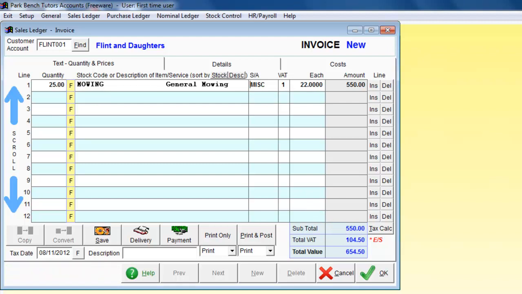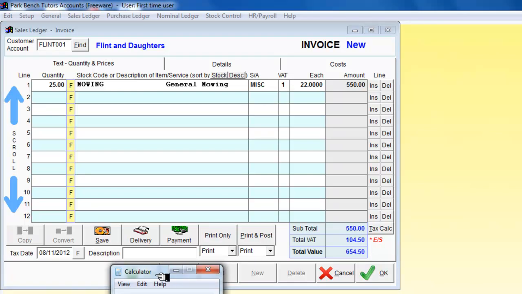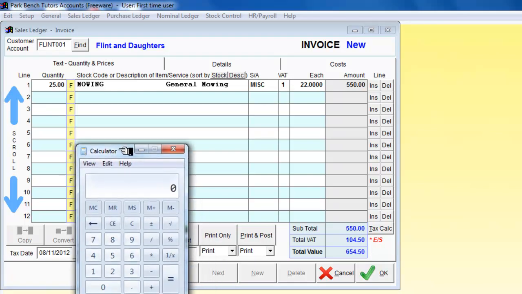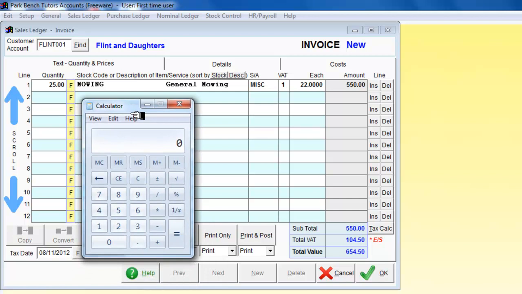So let's pull up the calculator again. So 550 multiplied by 20% gives 110, but you can see the VAT that's been calculated is £104.50.